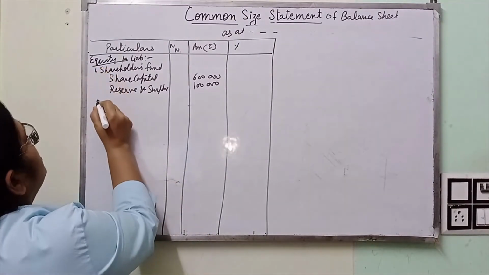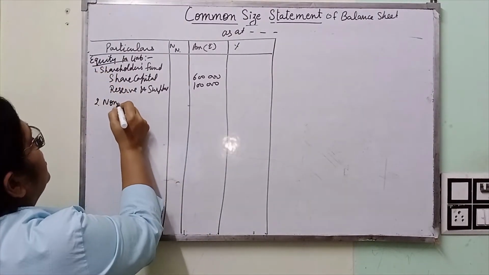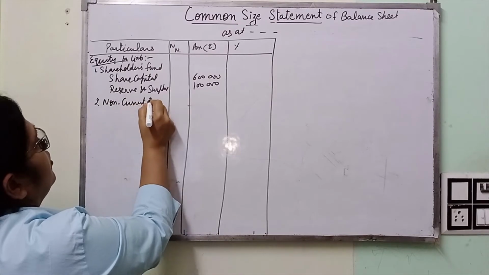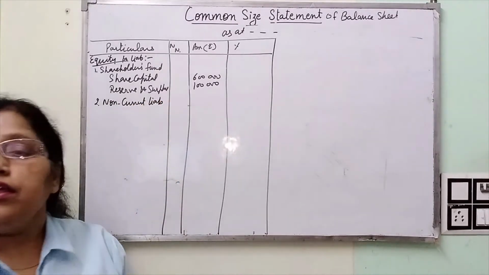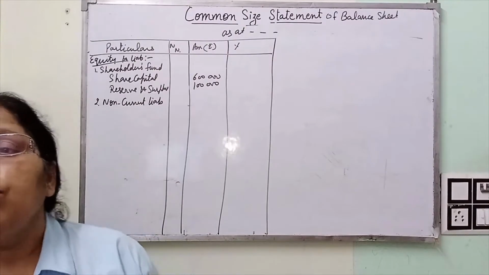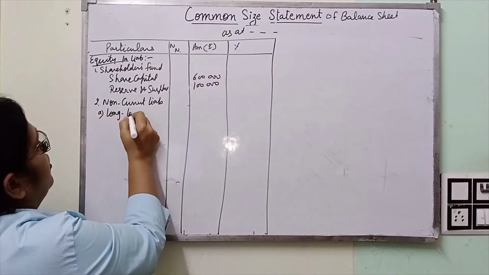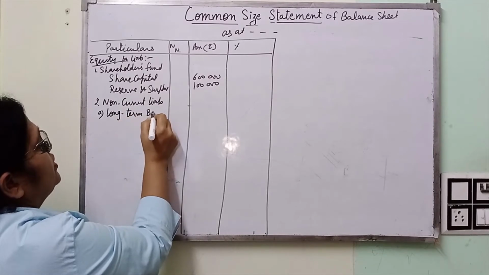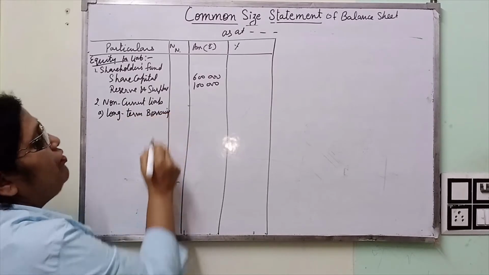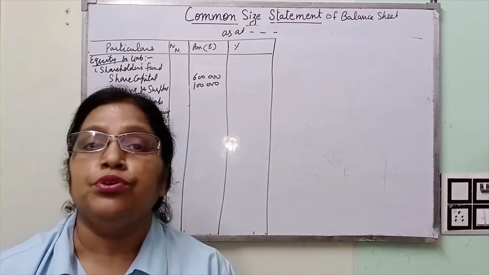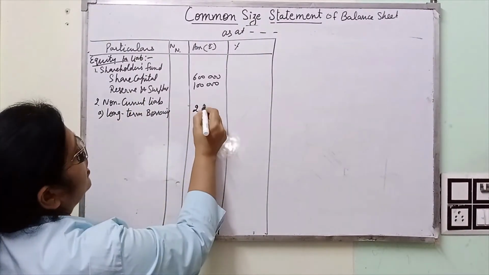Then after this we have non-current liabilities. Second is non-current liabilities. Under non-current liabilities we have long-term borrowings, and the amount of long-term borrowings given to you is 2,50,000.